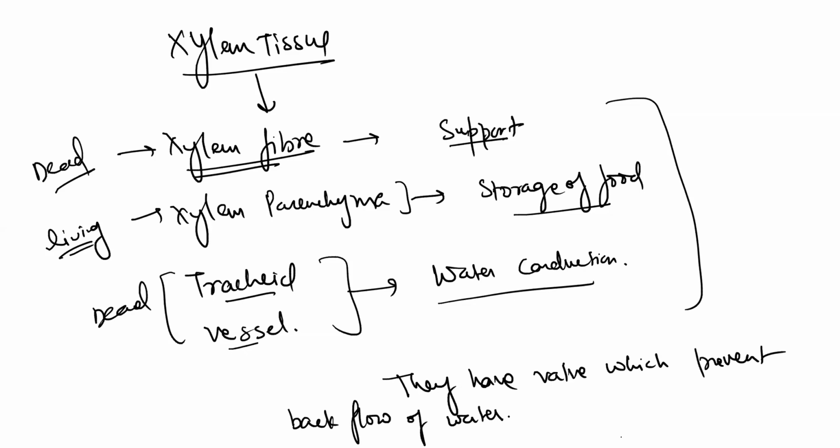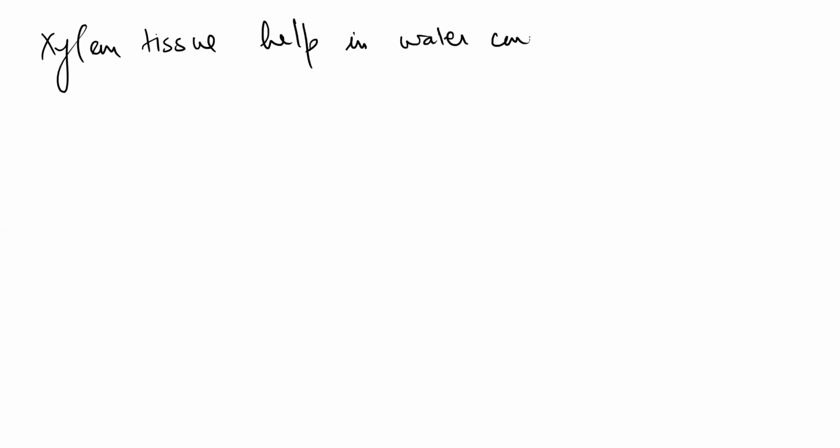In xylem tissue there is only one direction of water transportation: from roots to the top of the plants. So we can say that xylem tissue helps in water conduction.